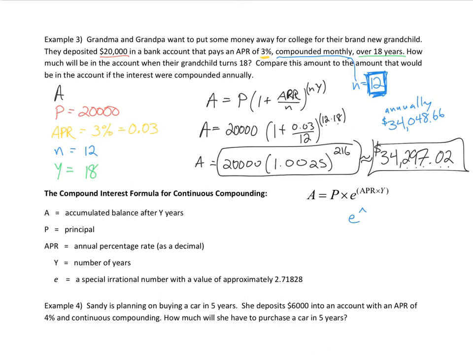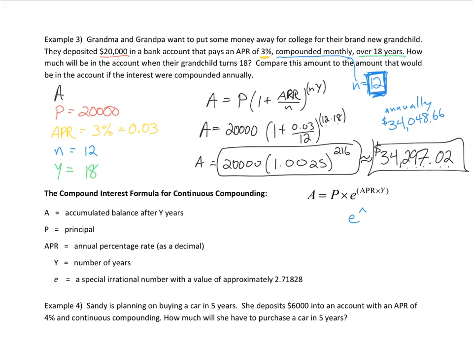It might be printed above a button on your calculator, so you're just going to have to find out where it is. But that e takes care of all the compoundings, and you notice there's no n listed here because n is gone. If you're always earning money, you don't need an n.